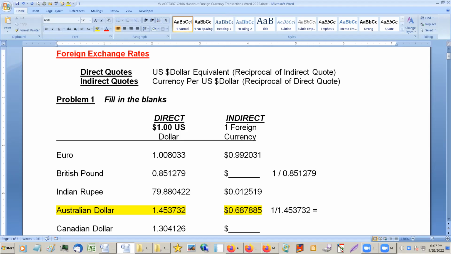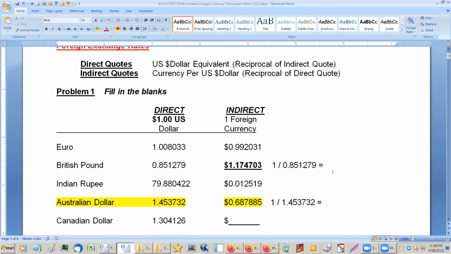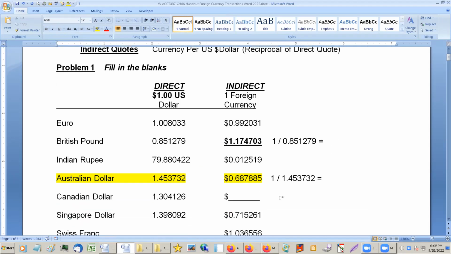So it would take $1.17, something like that. You may want to check my calculations. You probably already know that, but sometimes they aren't great. So all you got to do is put 1 over it to get the other rate.